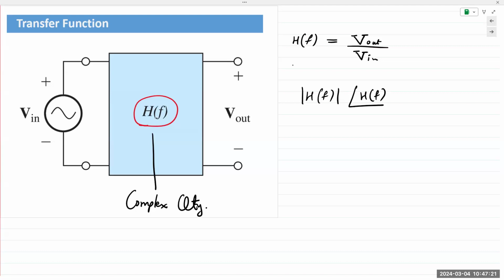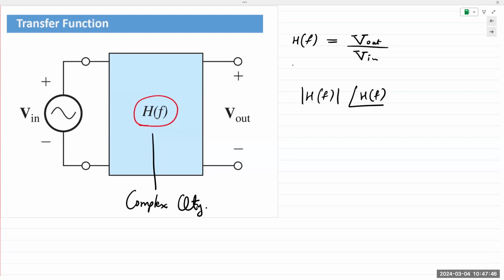V out over V in is equal to 2. We can predict or calculate what the V out would be no matter what the input voltage is. Make sense, right? If H of F is 2 and input is 1, what is the output? Simple math. V out is H of F times V in.